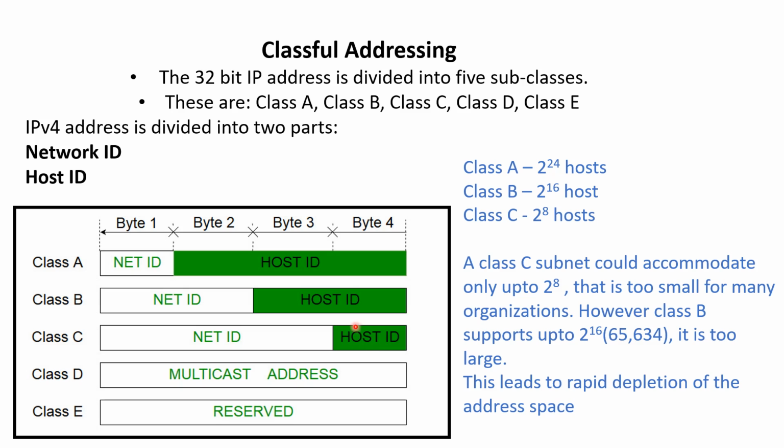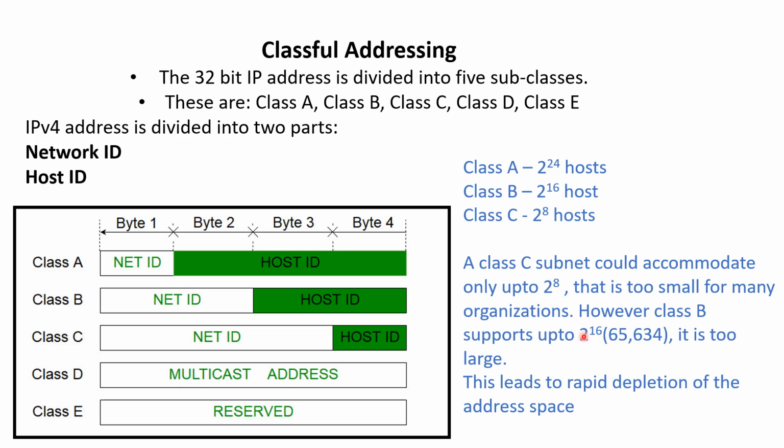If I take 2 raised to 8, it will be too few for an organization, and they have to switch to a Class B network. That will be a huge number, 65,536, according to 2 raised to 16. So it will be a huge number, but 2 raised to 8 will be too few for them.